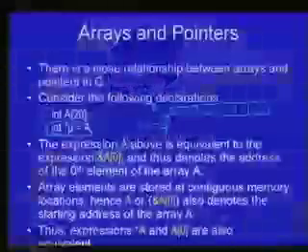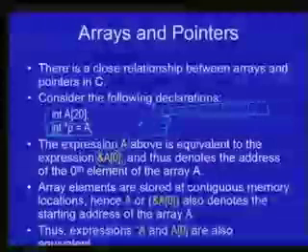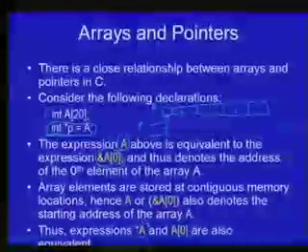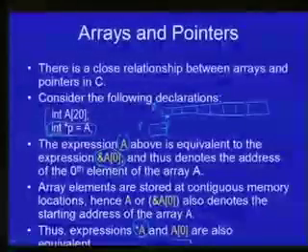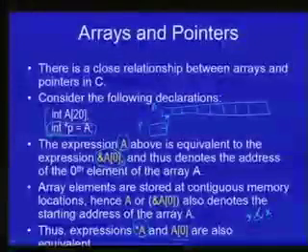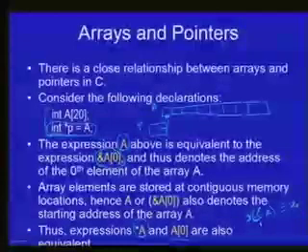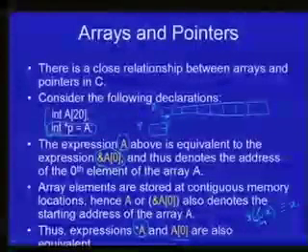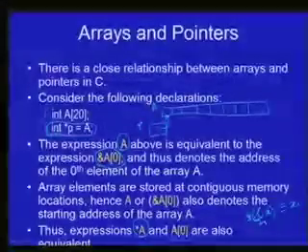And similarly, since a and ampersand a[0] are equivalent, so are star a and a[0]. This is because star of ampersand x is always equivalent to x, because we are first taking the address of the variable x and then we are dereferencing that address.